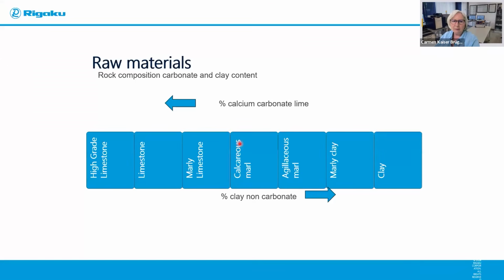So mole is basically used, like, for example, in the cement industry, and we can sometimes mine in a mining quarry. We can get not only high quality limestone, but we can have a combination of a marley limestone and a marley clay.